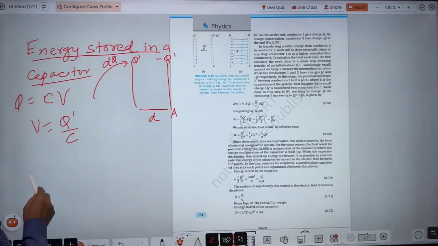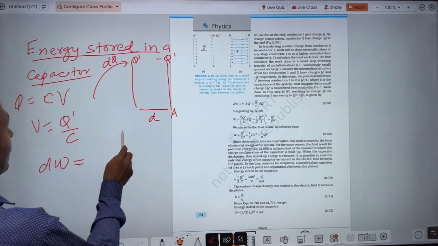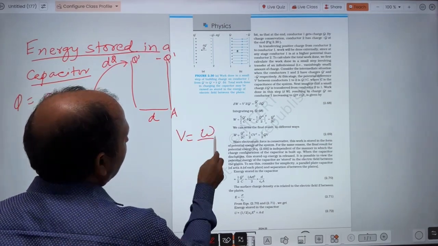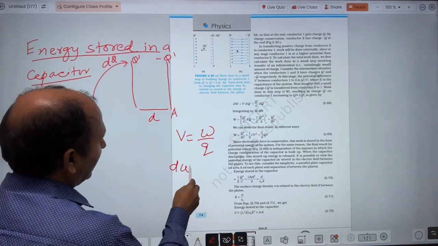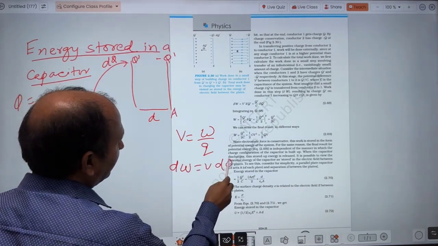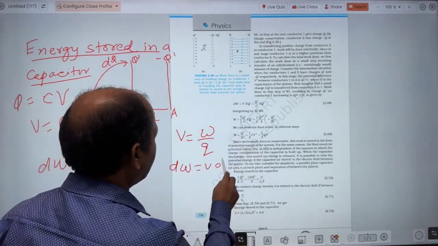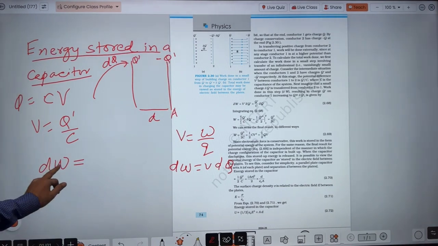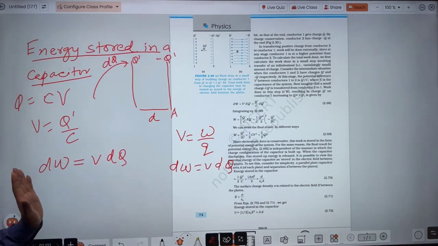So let's find out small work done when dq charge is given. So dW is equal to, if you remember from the definition, V is W upon Q. So here dW will be equal to V into dq. Whatever charge we are given, dq small q or capital Q, that depends on you. So dW equal to V times dq. Up to here, I think there is no problem.